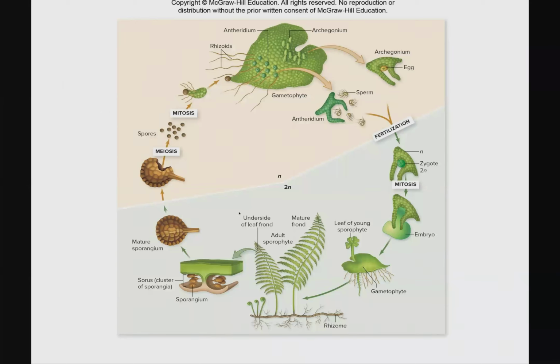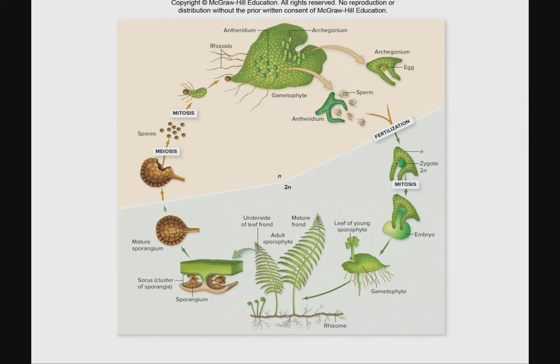So we'll start off here where sperm, the antheridium, meets egg, the archegonium, and fertilization occurs, producing a really interesting structure. We have the gametophyte tissue surrounding it, right? And then we have the sporophyte or the egg being 2N.